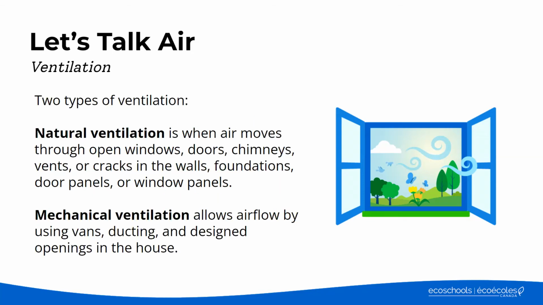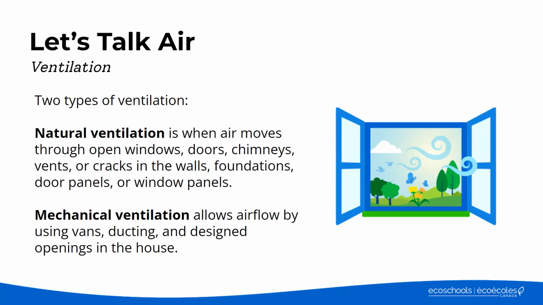There are two types of ventilation: natural ventilation and mechanical ventilation. Natural ventilation is when air moves between inside and outside through open windows, doors, chimneys, vents, or cracks in the walls, foundations, door panels, or window panels.